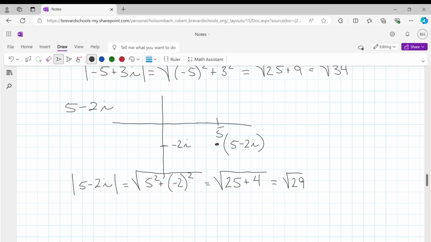All right, and let's take a look at one more. Let's plot and find the absolute value of, I'm going to try red ink so I don't have to draw this coordinate plane again, 1 plus 4i. All right, 1 plus 4i, we go to +1 on the real axis. And then we would go up here to, now I'll just redraw it.